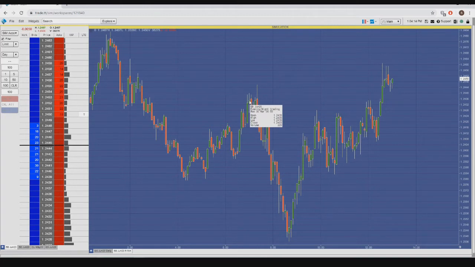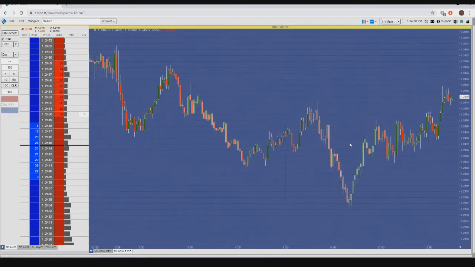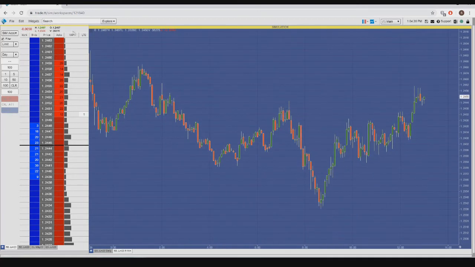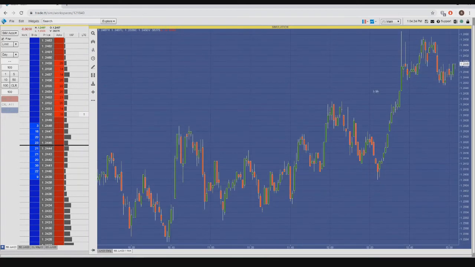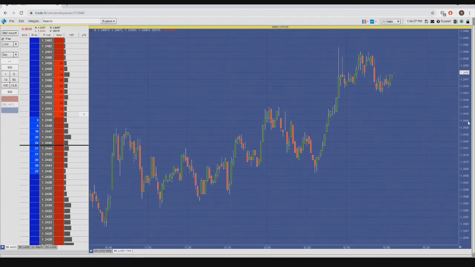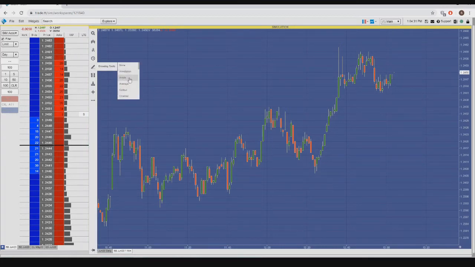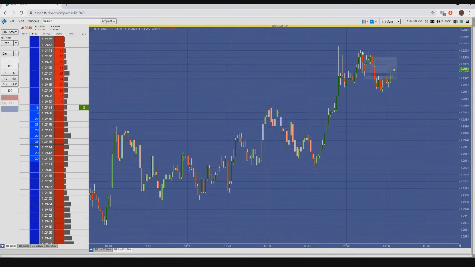So if we take price action studies into account, just because it's easier to read on the charts, we just try and find a very basic price action study. So here we have a couple lined up. We have the equal highs here, and we also have the equal lows here.